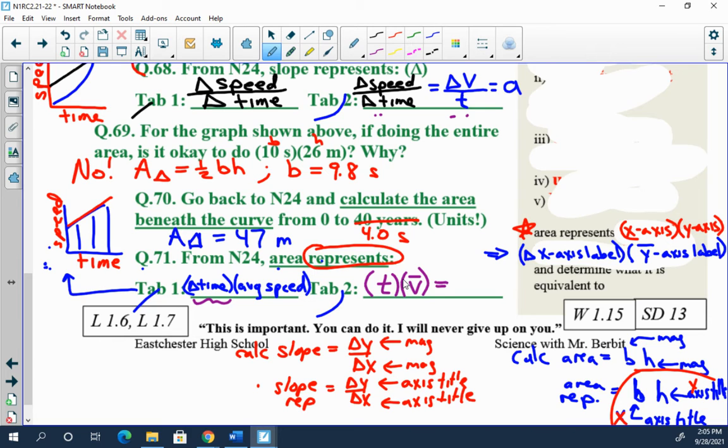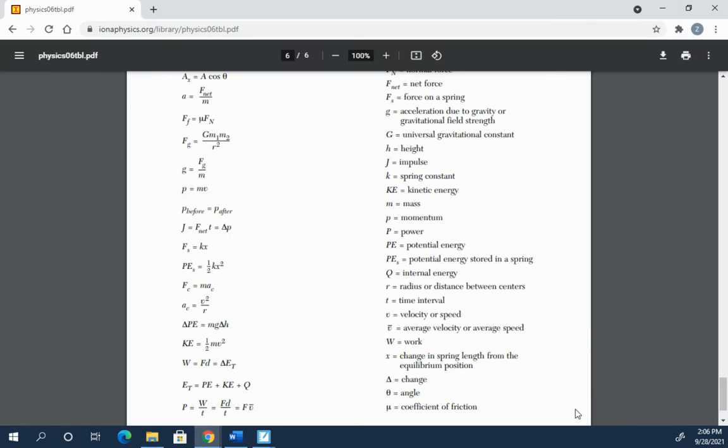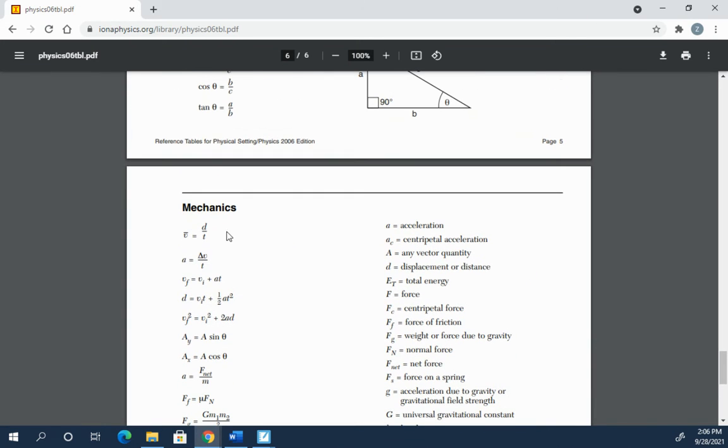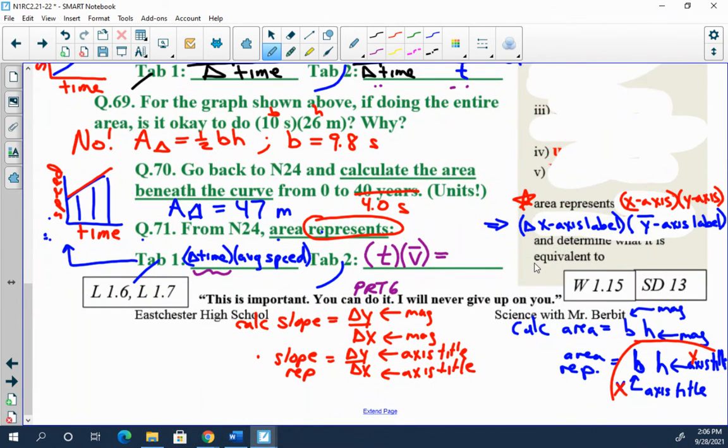Where do you look? PRT 6, Physics Reference Table, page 6. If you look on page 6, there's no equation that literally says T V, but there's one that you can rearrange to say T V quite readily. It is the very first one on the mechanics page. It says V bar equals D over T. So let's come over here and borrow this for a second.